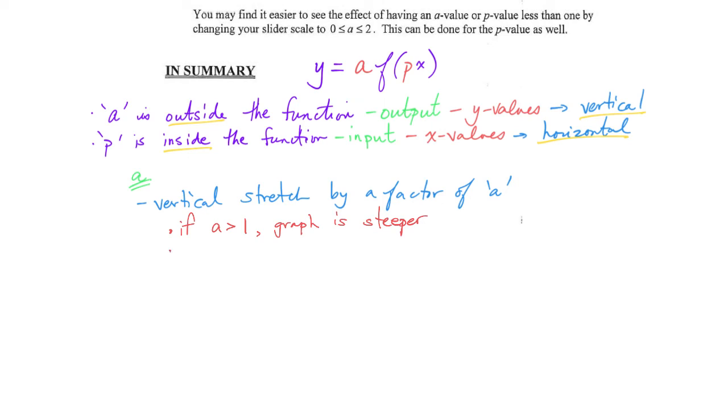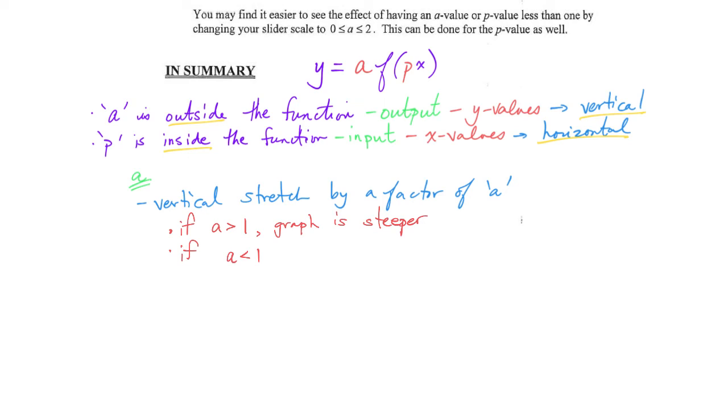Then we also noticed that if we had an A value that was less than 1. Now, I need to be very clear that we need to add in some notation on that statement, because A being less than 1 also allows us to have an A value that's negative, and we were not even looking at A values being negative, only positive.